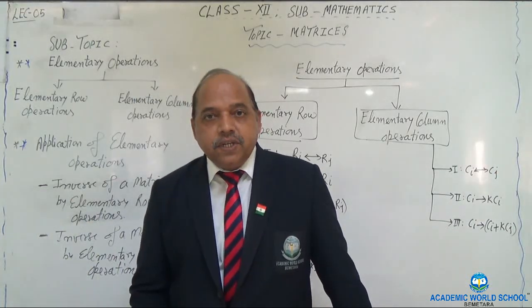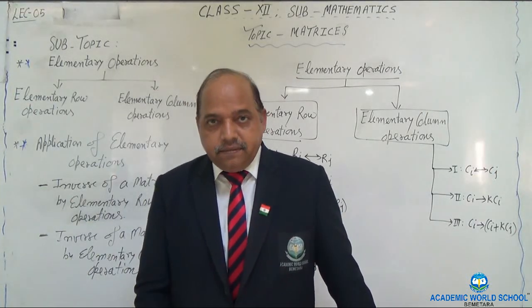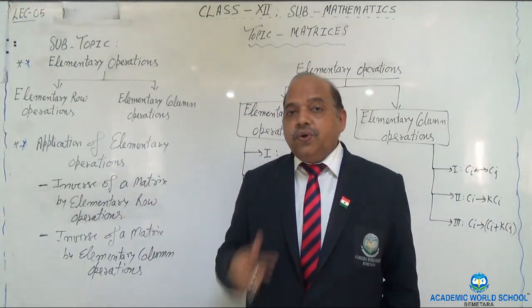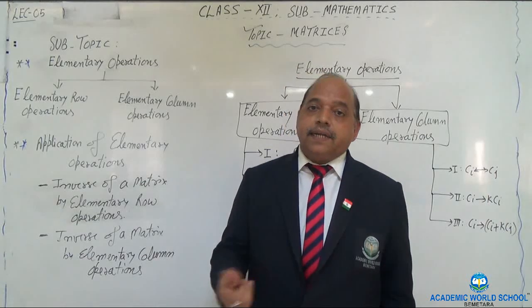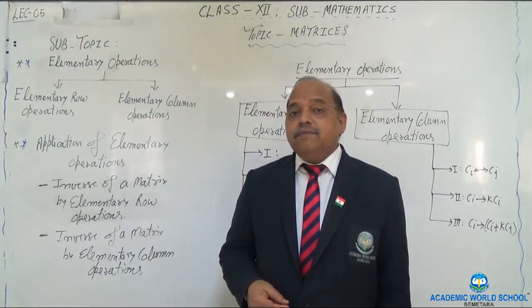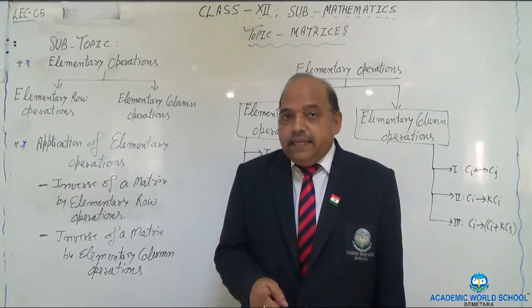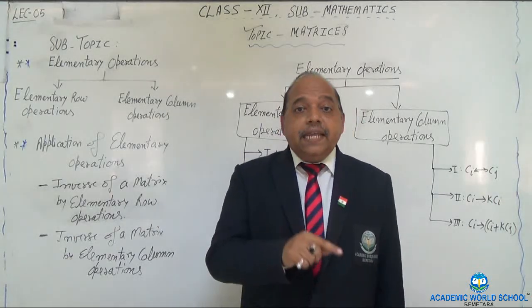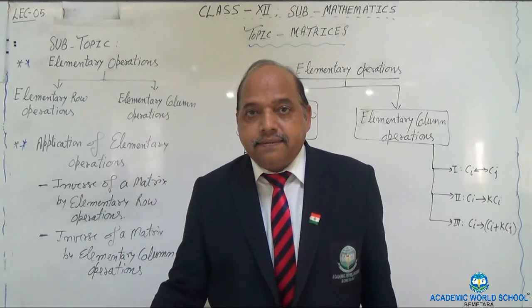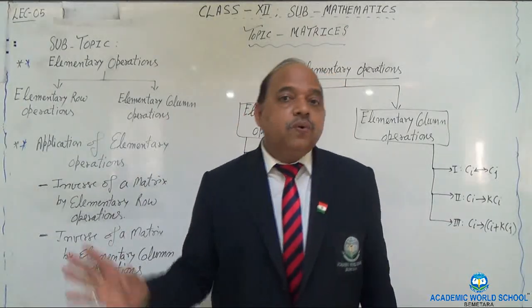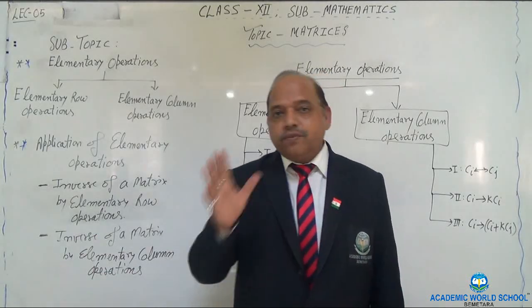In the CBSE board examination, they can give you a question: find the inverse of a matrix using elementary transformation. And at times they can be very specific. They can say, find the inverse using elementary row operations or elementary column operations. Then you don't have a choice. Whatever they say, you have to apply it.